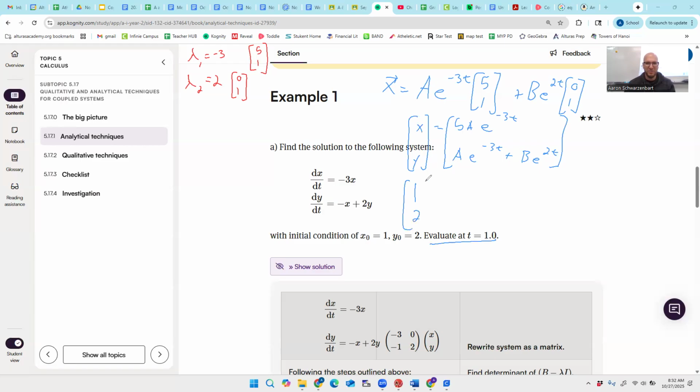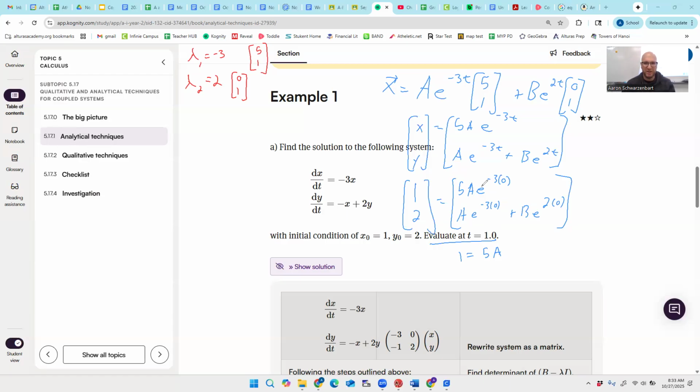So 1, 2 goes with 5a e to the -3 times 0 plus a e to the -3 times 0 plus b e to the 2 times 0. What's e to the 0? 1.